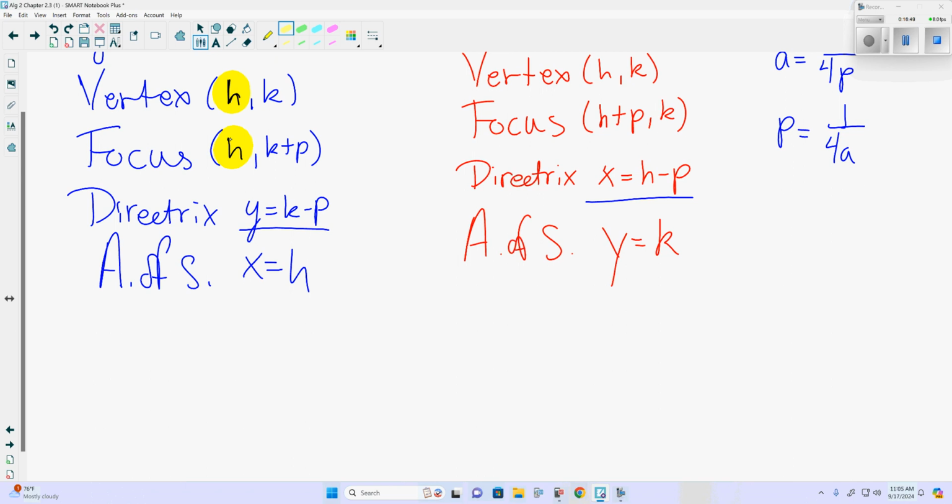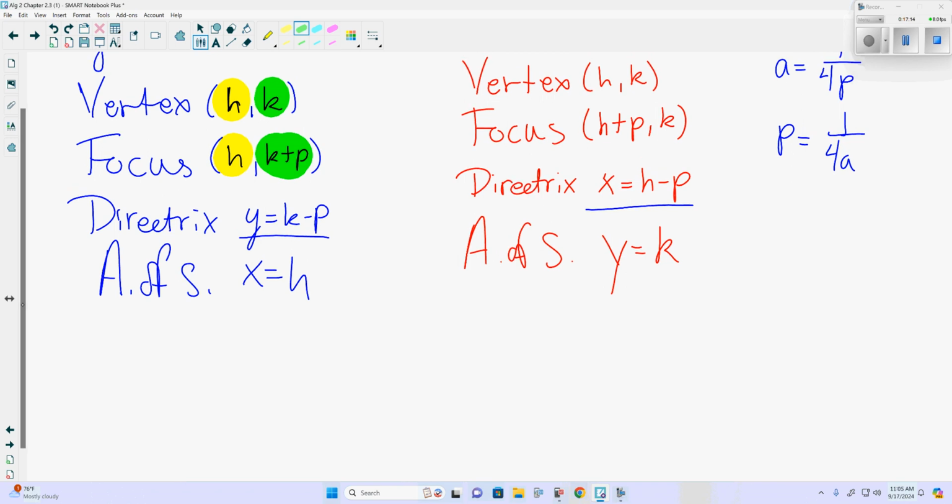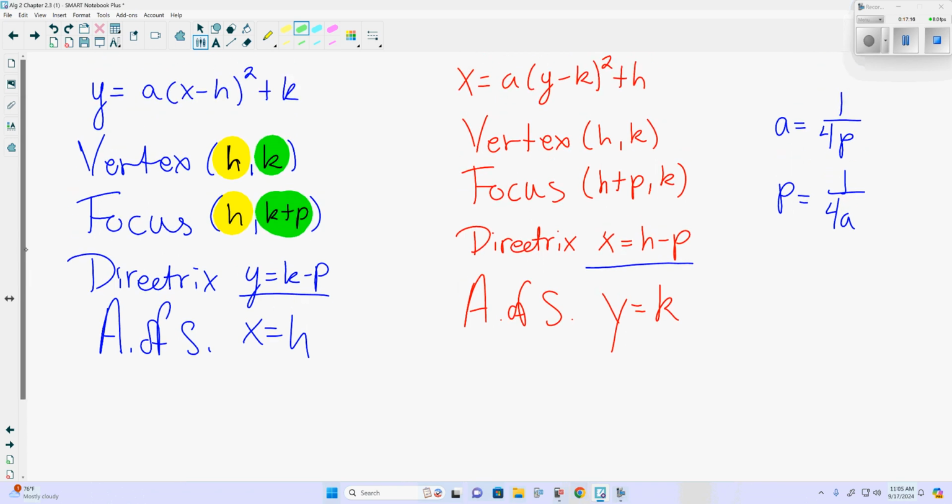The second value of the vertex is k. The focus is k plus p. So most likely, p is causing a change. It's not guaranteed that it goes up, because p could be negative, it could go down. But if the second value changes, k to k plus p, we know it's y equals.